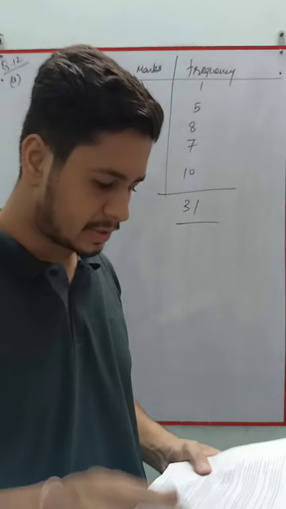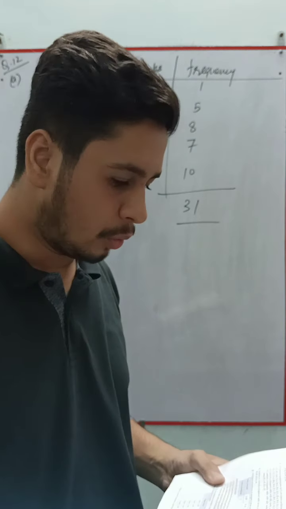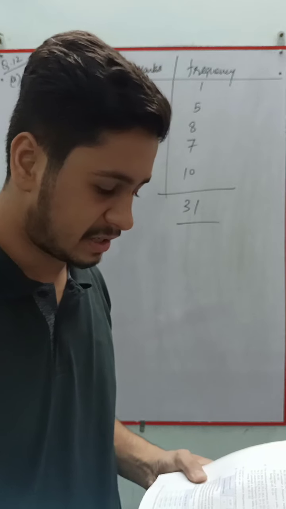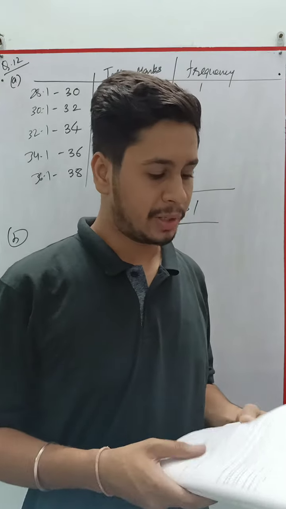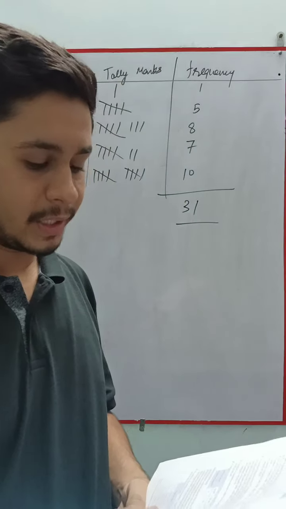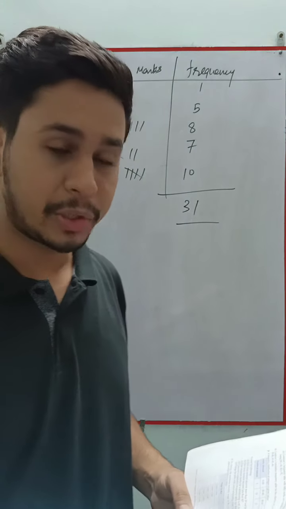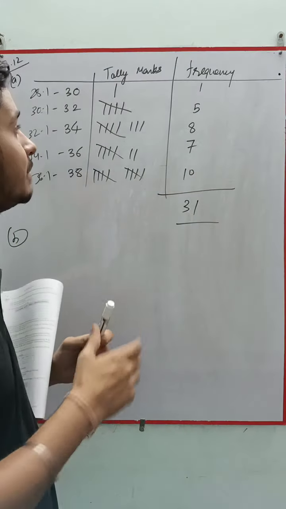Now the 13th one: construct a cumulative frequency table for question number 11 with overlapping intervals 25 to 45, 45 to 65. Now if you can, you can surely do the 11th question. So in the 13th question, with the help of the 11th question's data, you need to make a cumulative frequency. How do you make a cumulative frequency table?